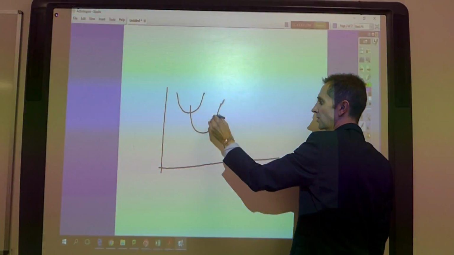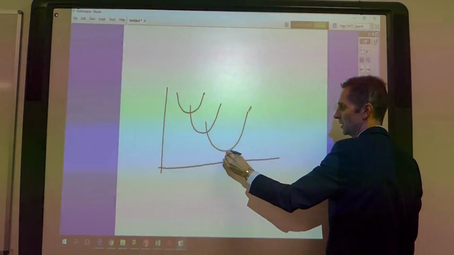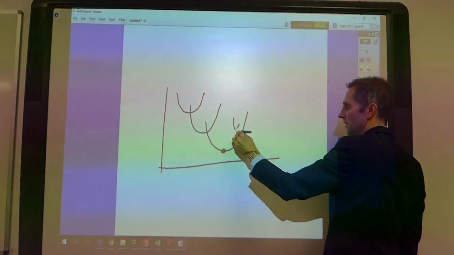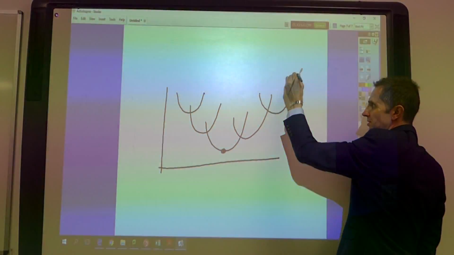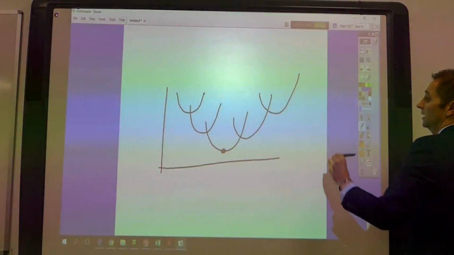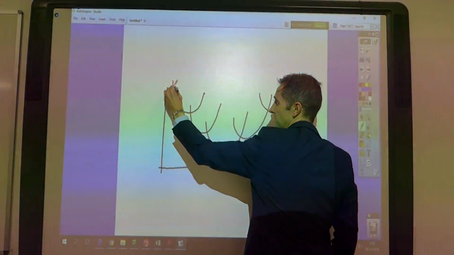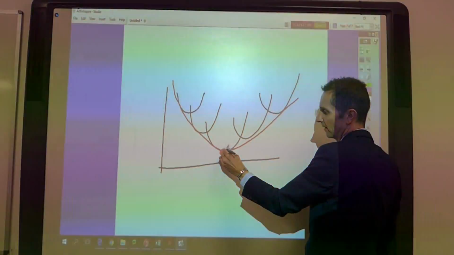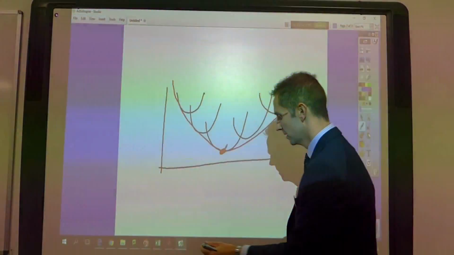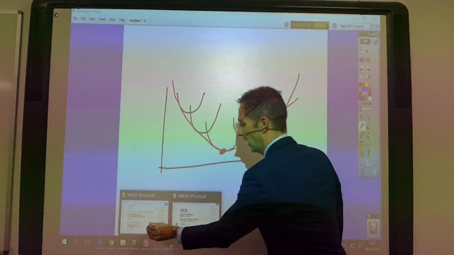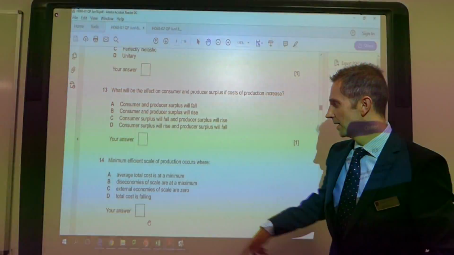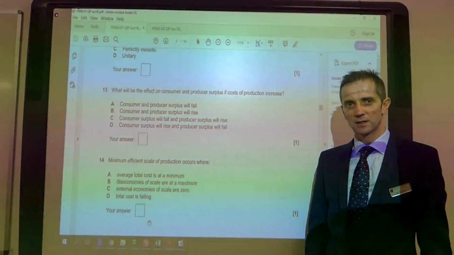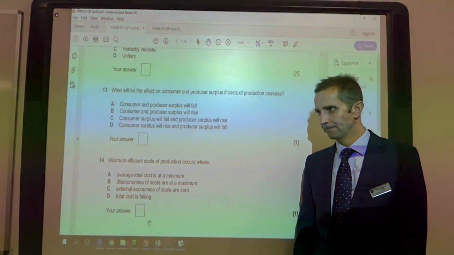Costs, short run cost curves, and then eventually we hit the bottom here before they start to rise again. And of course, join all these together, you get your long run average cost curve. But this point here is your minimum efficient scale, where you're at the lowest possible average total cost. Hence the answer is A.